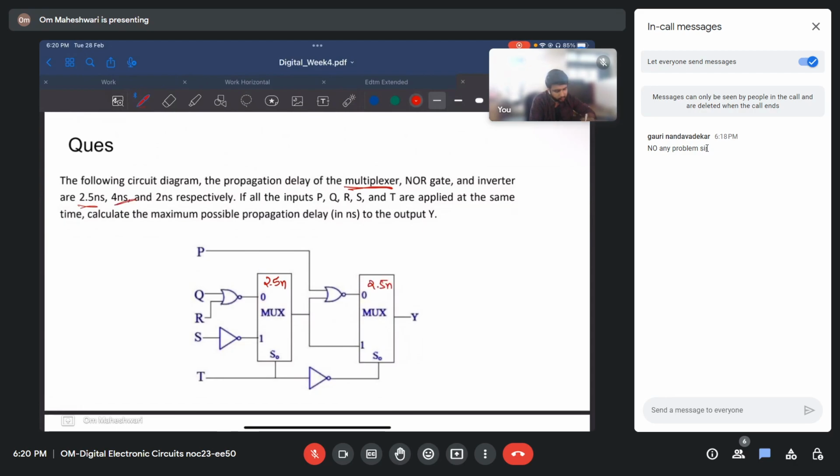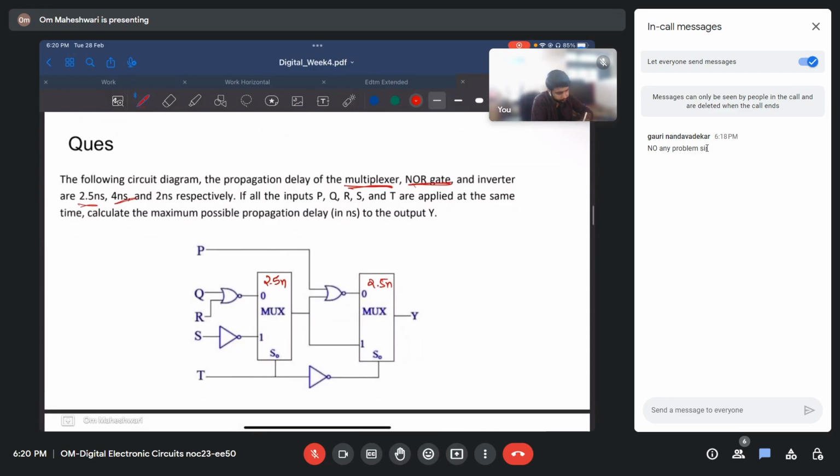It is 4 nanoseconds for this NOR gate, and 2 nanoseconds for the inverter. This is not required, but fine, 2n.